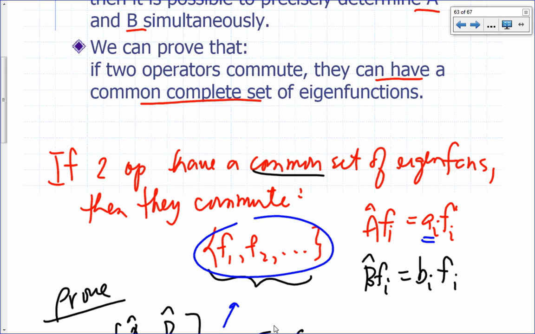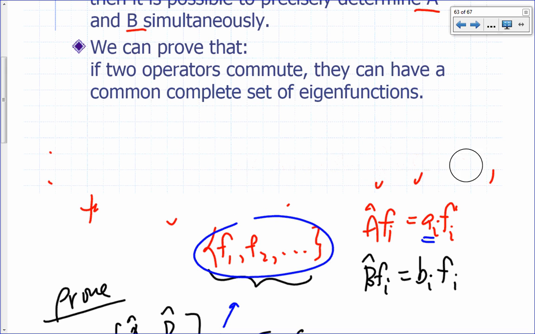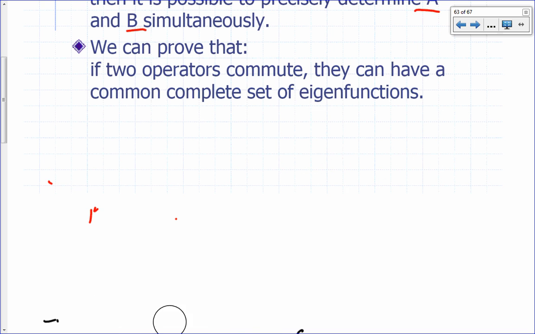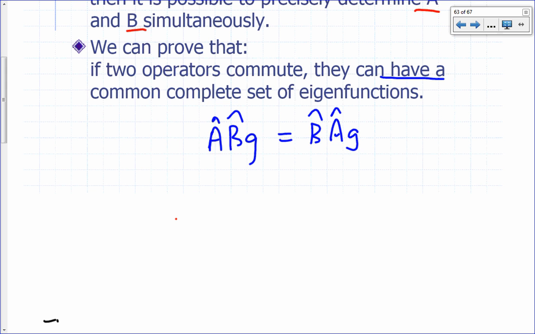Okay, so now you've seen that if they have a common set of eigenfunctions, then they commute. You can also prove that if they commute, then they can have a common set of eigenfunctions. That's a separate proof. So let's prove that statement right there: if they commute, then they have a common set of eigenfunctions. We are going to assume that A hat B hat G, where G is any arbitrary function, must be equal to B hat A hat G, right?